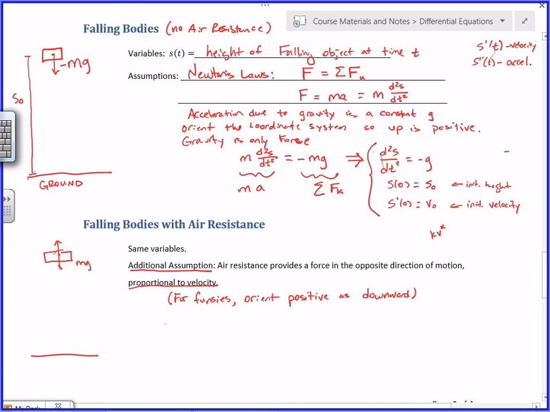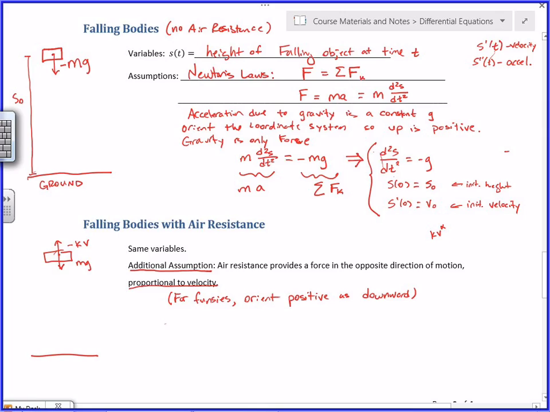All right, so now if downward is positive, that's a positive mg, and up would then be in the opposite direction, right? But it's proportional to velocity. So notice if you're going down in a positive way, that your velocity's down, then what direction is the force of air resistance acting? In the negative of that, right? So upward, I would write this as negative kv.